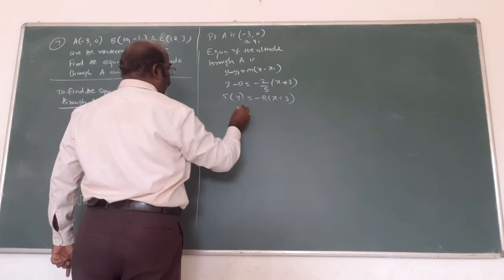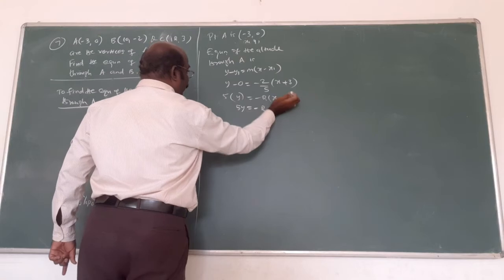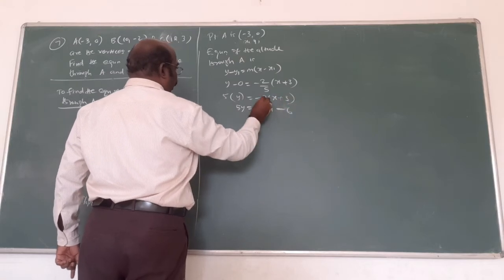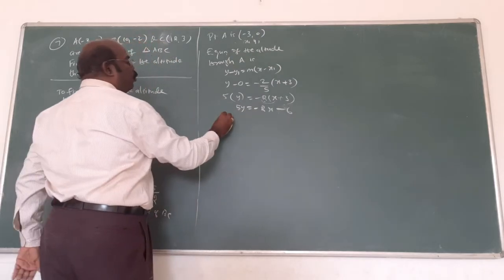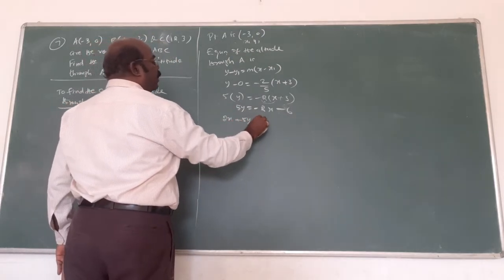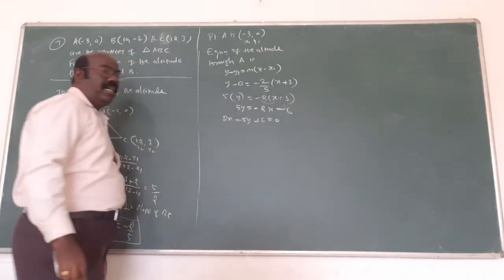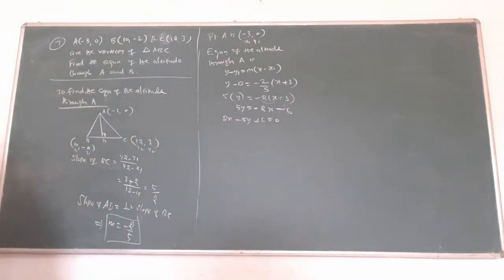Now 5y minus 10 equals minus 2x minus 6. Am I right? Now, 2x plus 5y minus 4 equals 0. This is the equation of the altitude through A.